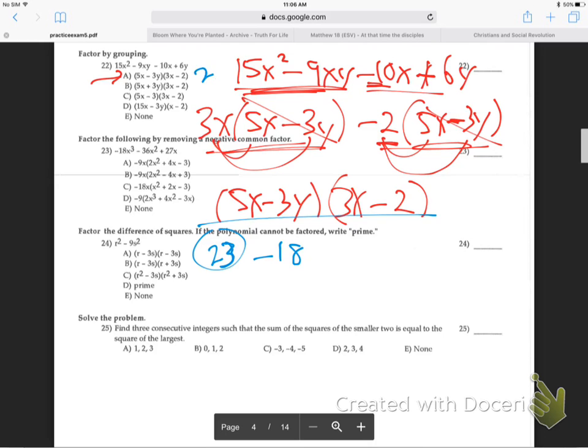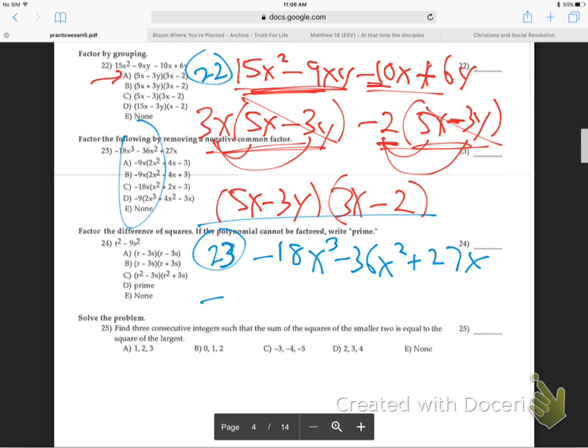23. Minus 18x cubed minus 36x squared plus 27. What do they have? Look at the GCF. Is there any GCF? Minus, what's the biggest amount? 18. Oh, that doesn't work though. You've tried 27 divided by 18, it won't work. So it's not the 18.